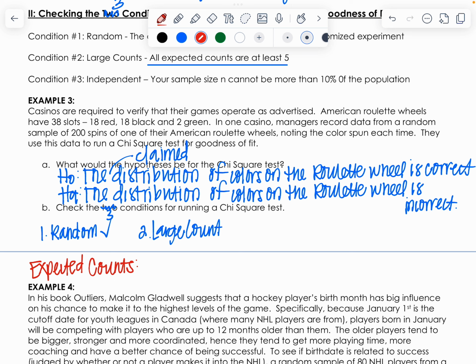Our expected, what we would get for each color given the claim distribution. So if we are looking at our claim distribution, 18 out of 38 should be red. That's our percent for red. So if I find that, it is like 47.3684, but then I'm doing a sample of 200, so I'm going to multiply that by 200.